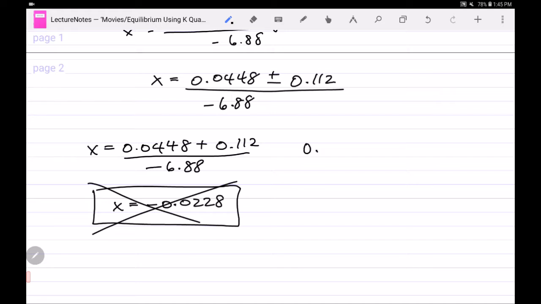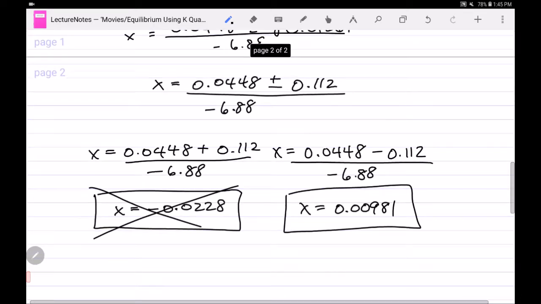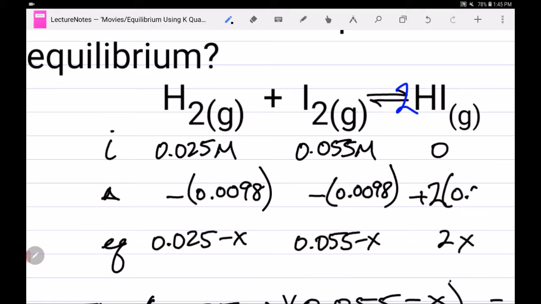So solving by subtracting, x is 0.00981. That's a positive number, so we feel better about that. Now let's plug it back in to make sure that it's actually a valid answer. If x is 0.0098, then 0.025 minus x would be 0.015. 0.055 minus x would be 0.045.